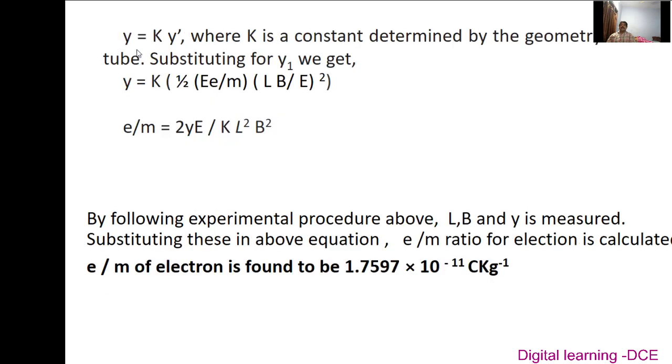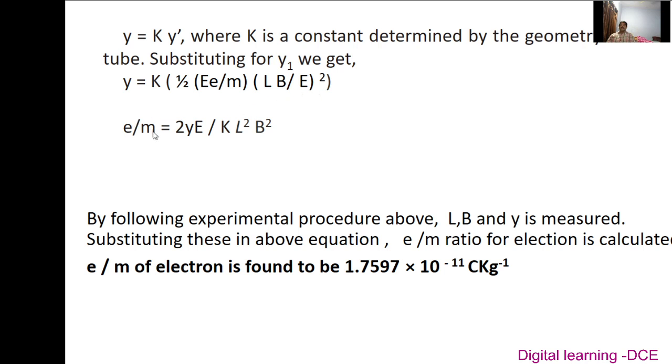Now the total deflection is given by Y is equal to K y dash, where K is a constant determined by the geometry of the discharge tube. Substituting the value of y dash, we get Y is equal to K into half eE by m into LB by E whole square.